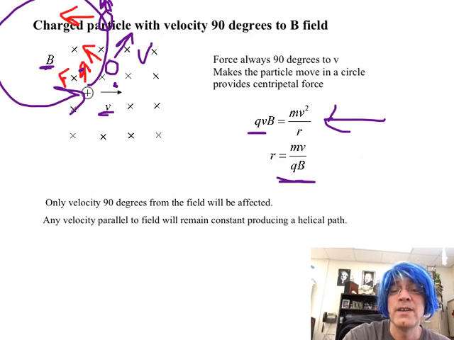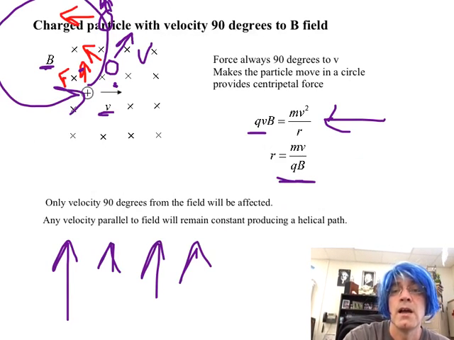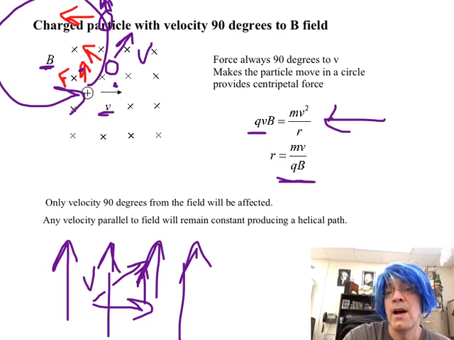If we have a situation where our magnetic field is going up and our velocity has a component going up, and a component at 90 degrees, this part will make it go in a circle, this part will make it continue to go straight up.